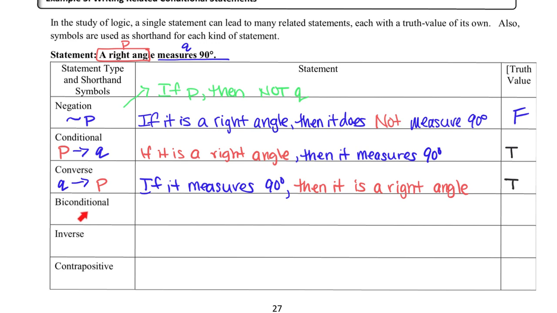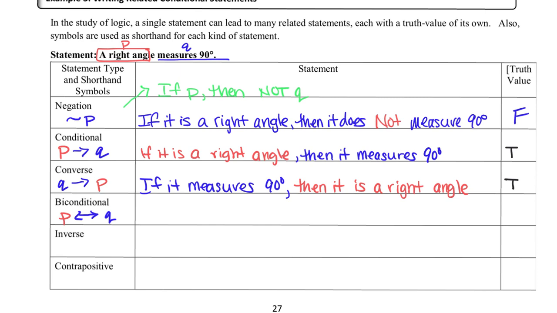So remember, for biconditional statements, this is when the conditional statement and its converse are both true. You can write them using the if and only if statement. So remember, when you have the if and only if statement, you have the arrow that goes back and forth.